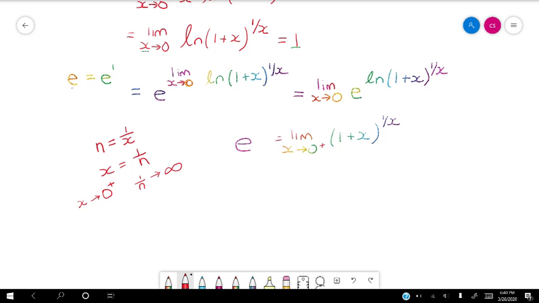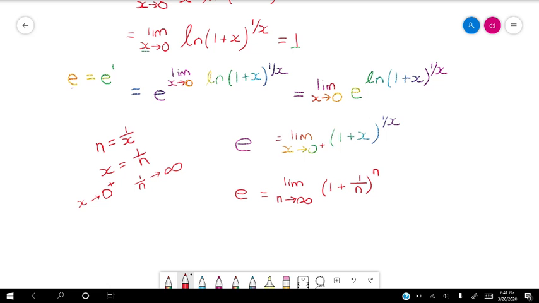Okay, so let's make some modifications. So now e is equal to the limit, not as x goes to 0. Now we're going to say as n goes to infinity of 1 plus 1 over n to the nth power.